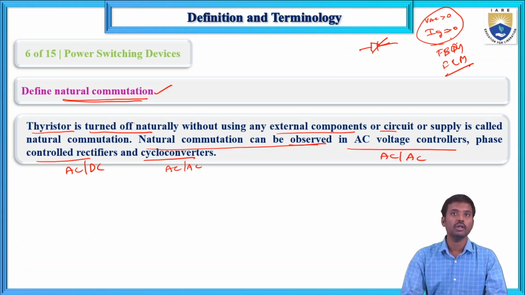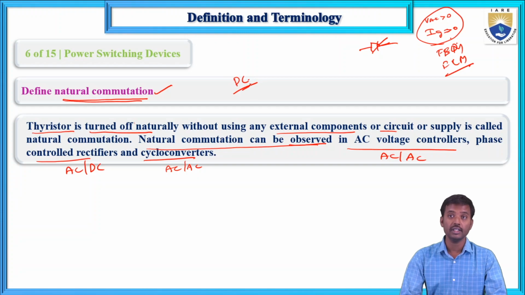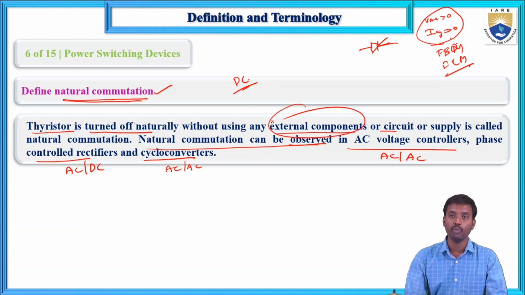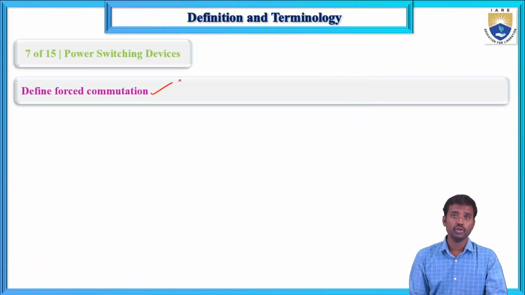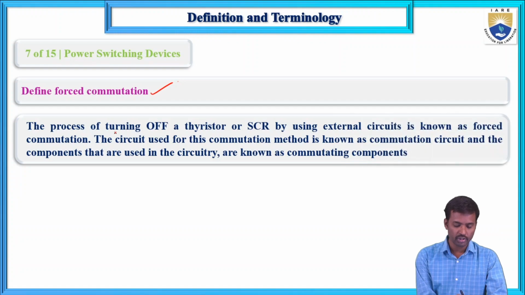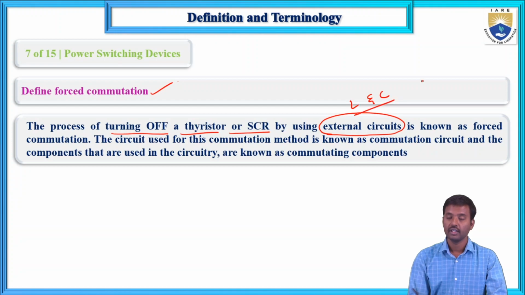Coming to forced commutation, for DC circuits there is a requirement of external components to turn off the SCR. Define forced commutation: the process of turning off an SCR or thyristor by external components, that means L and C, inductor and capacitor, is known as forced commutation.